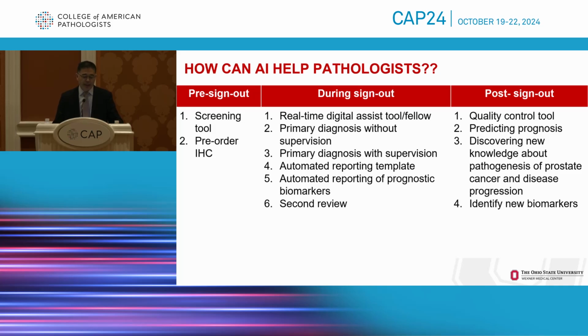During sign-out, they can provide real-time digital assistance, like a digital fellow, highlighting the areas you need to review during sign-out, and also automate the reporting of your case. You don't need to dictate, you don't need to type in those reports, you just let the AI write the report.